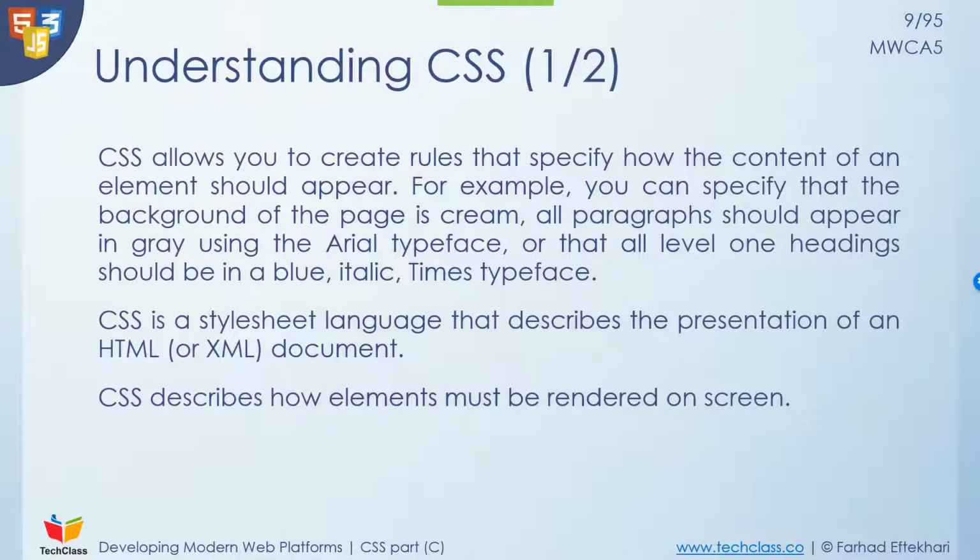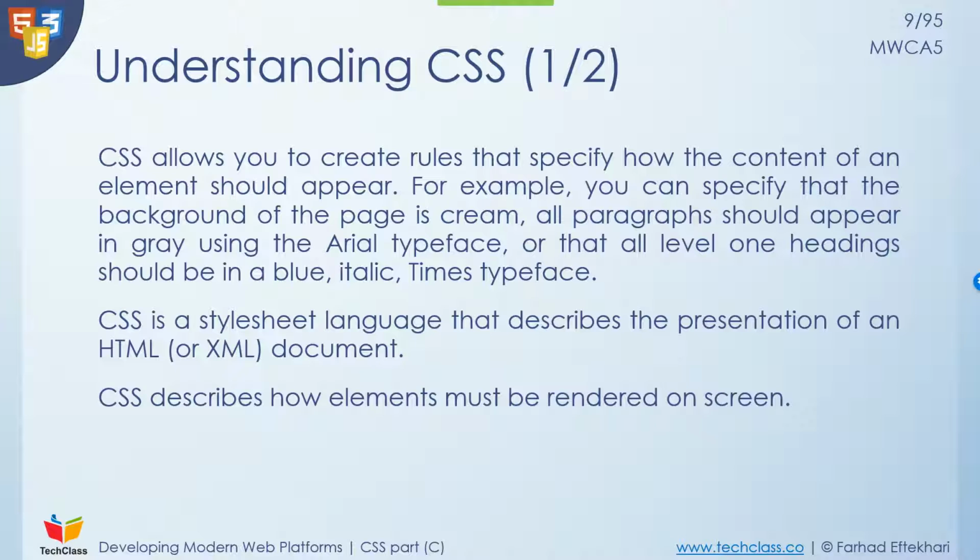To understand CSS, you have to know that CSS allows you to create rules that specify how the content of an element should appear. For example, you can specify that the background of the page is cream, all paragraphs should appear in gray using the Arial typeface, or that all level 1 headings should be in blue italic Times typeface. CSS is a style sheet language that describes the presentation of an HTML or XML document.